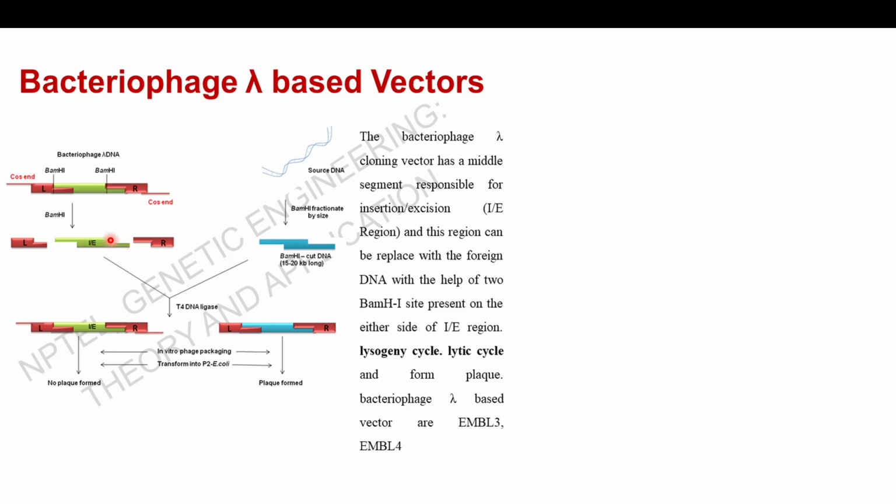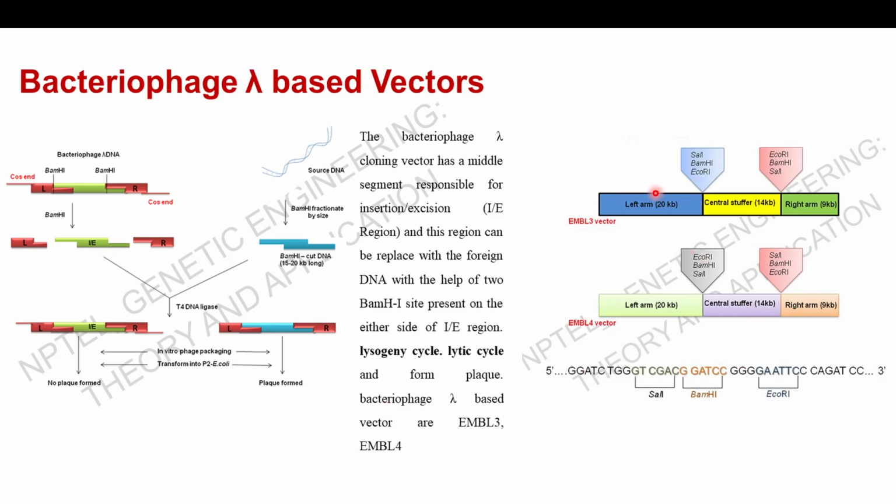If the I/E stretch is ligated back to the same L and R regions, there won't be any plaque formed. However, if the foreign DNA is ligated properly in the L and R regions, and the I/E region is removed from the complete stretch of bacteriophage lambda DNA, then there will be formation of a plaque. Okay, the left arm and right arm are the L and R regions.